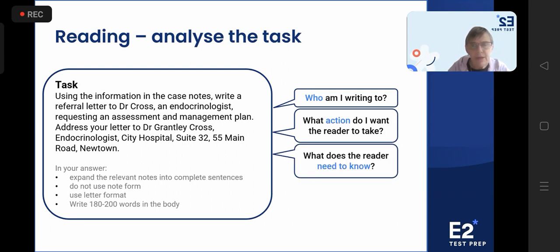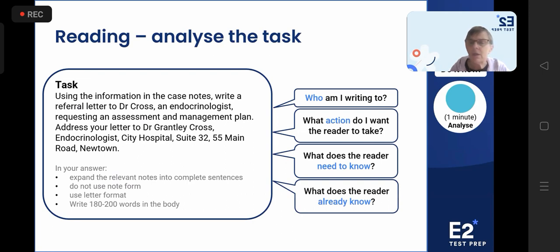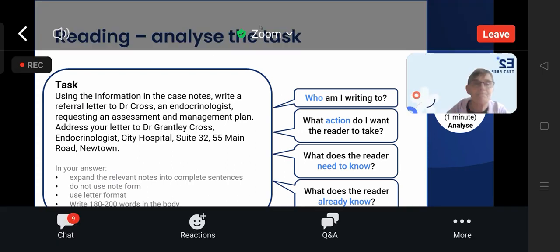What does the reader need to know in order to take that action or to perform what we want? And does that reader already know the patient or not? Okay, so we've got those 4 questions plus the bonus question, what type of letter is this?